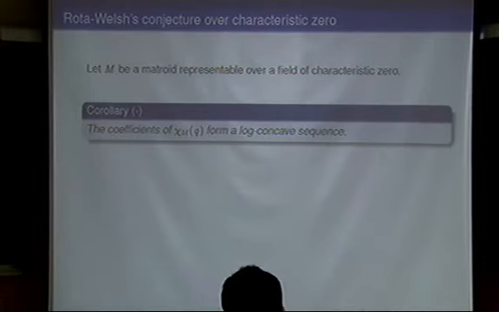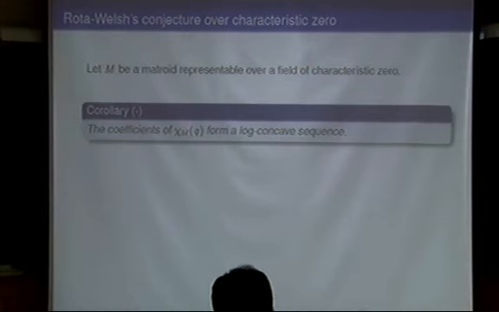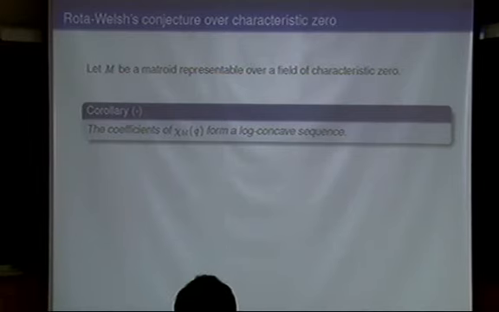This means that matroid M can be realized as a set of vectors or a set of hyperplanes in a vector space over a field of characteristic 0, so all its lattice properties can be preserved by such a mapping. And Welsh's conjecture in this setting says that the coefficients of the characteristic polynomial associated to M form a log concave sequence. Why is this?